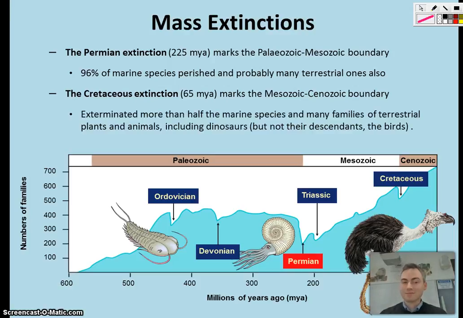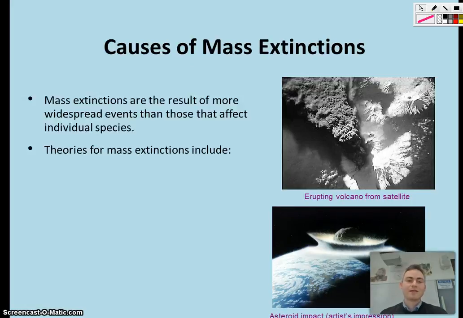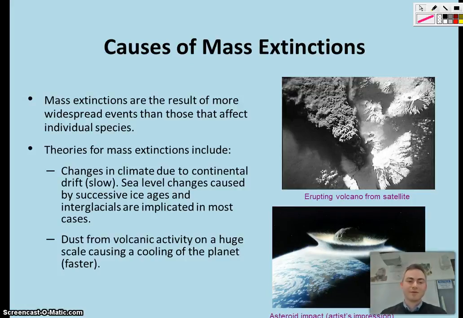You don't need to remember any of these, so don't stress about it. They might be caused, or they have been caused, by things like volcanic eruptions, which have spewed ash cloud across the Earth, or asteroid impacts. I like how it says down the bottom here that this asteroid impact is an artist's impression, that is not a real photo of an asteroid impacting Earth, so don't freak out.